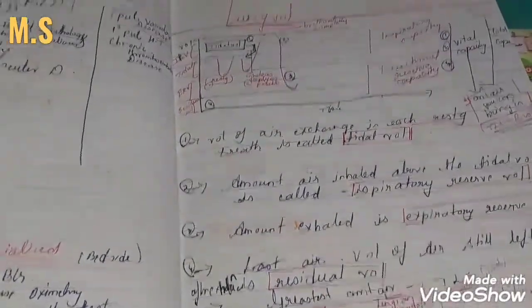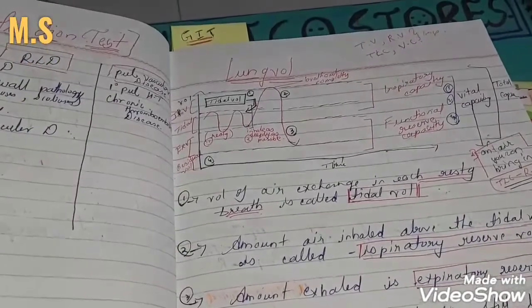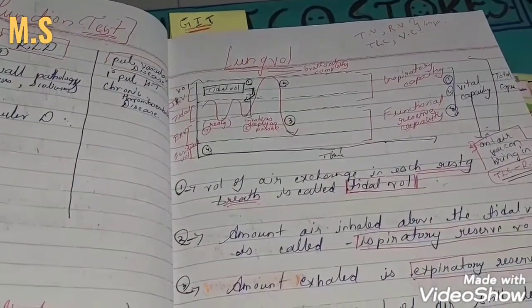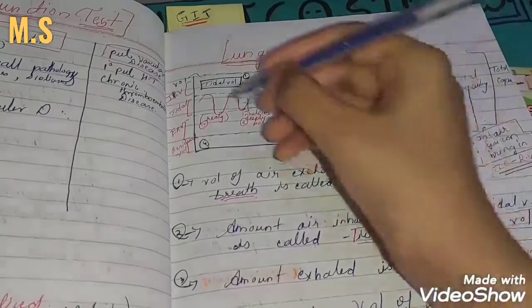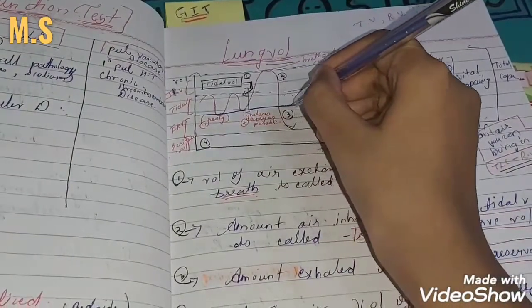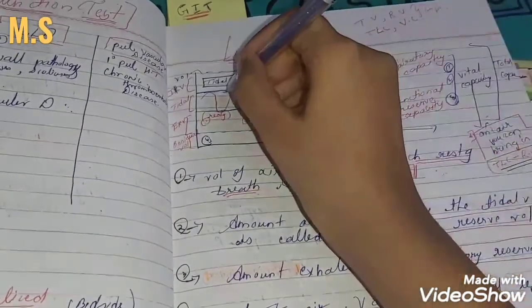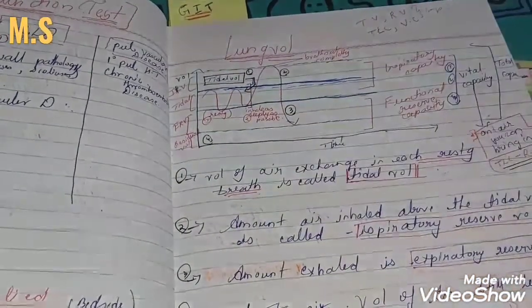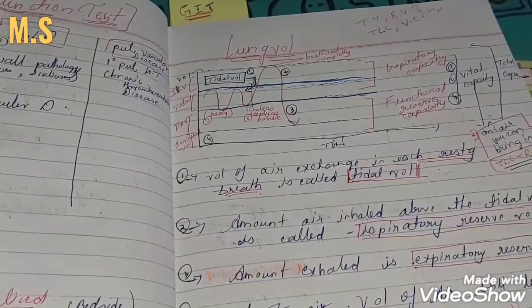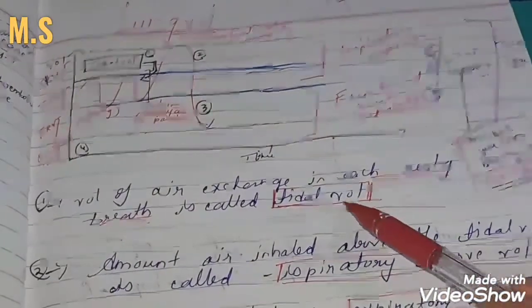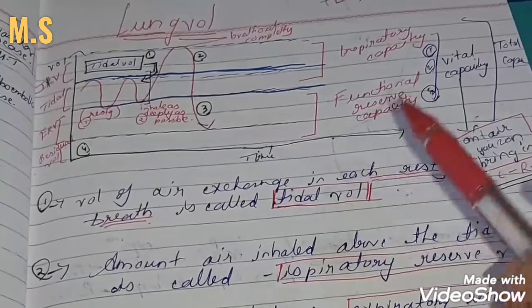So first we will look at these lung volumes. Here you can see a diagram showing us different types of loops. First is tidal volume. Now what is tidal volume?